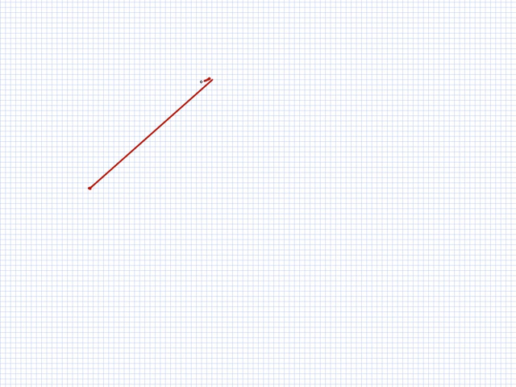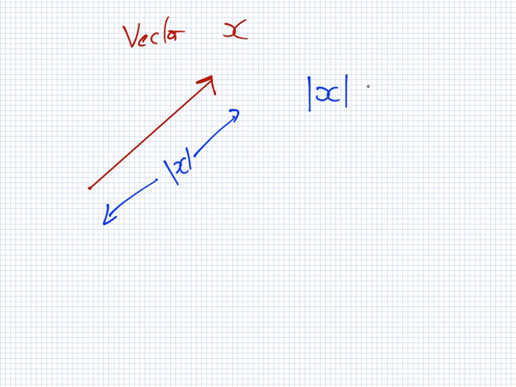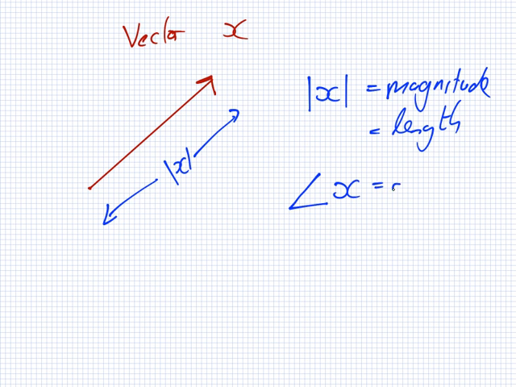So if this is the vector, we'll call it vector x, for example. Then what is the magnitude of x on the diagram? What represents its magnitude? Its length, yeah. So from here to here is the magnitude of x, which is the length. And this symbol, this is the direction.